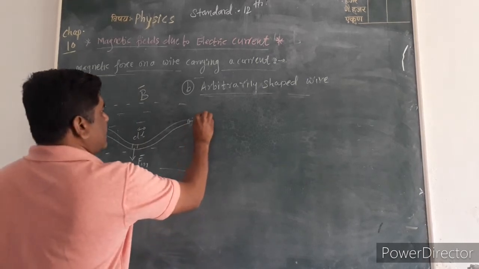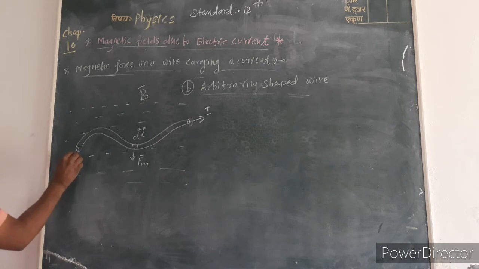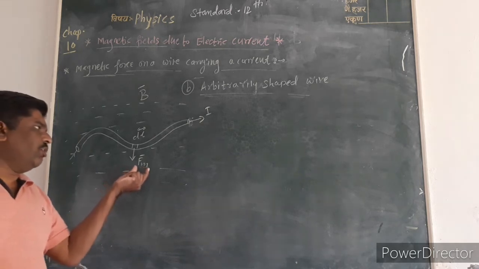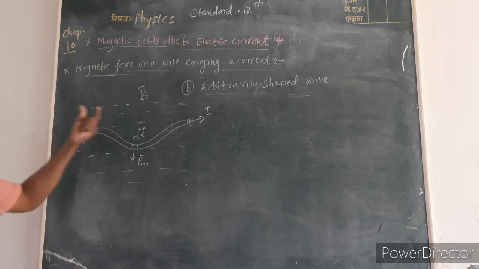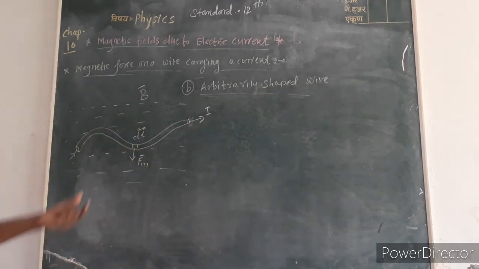And suppose I is the electric current passing through this wire. Then we find out the value of this Fm bar in the case of an arbitrarily shaped wire in uniform magnetic field B bar.